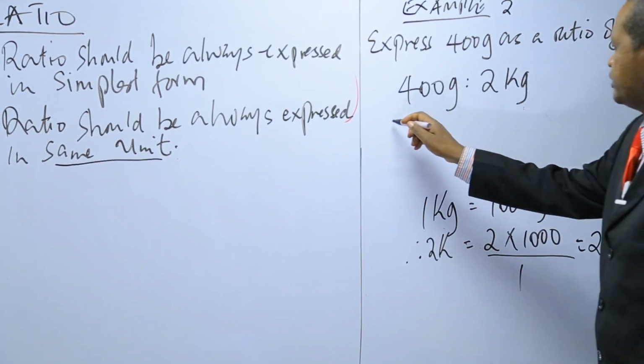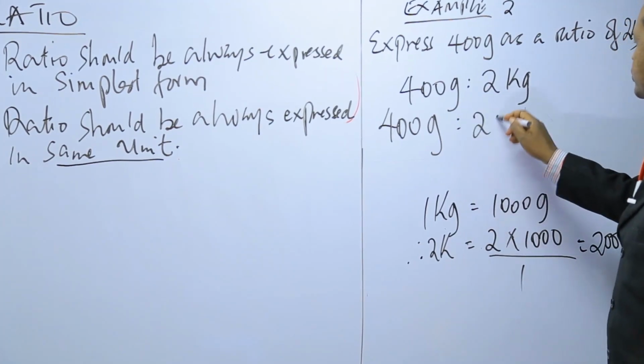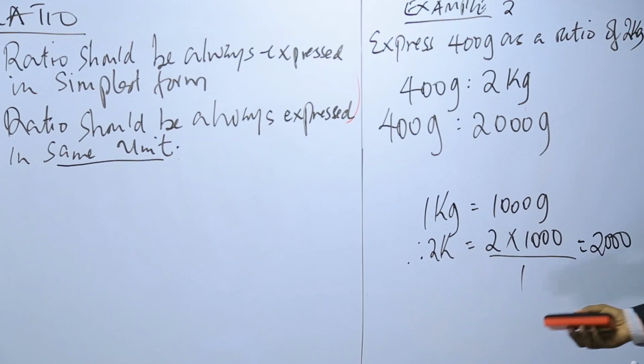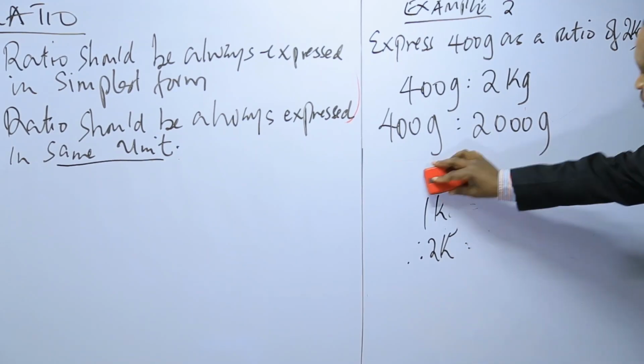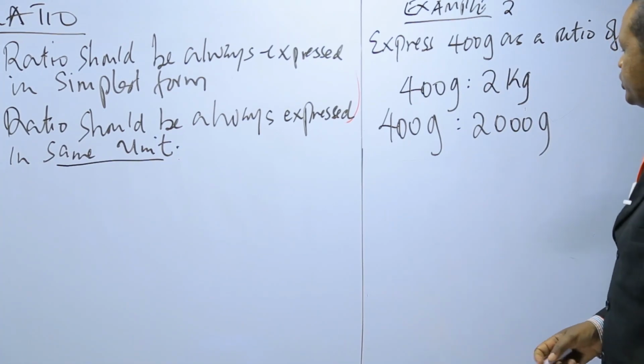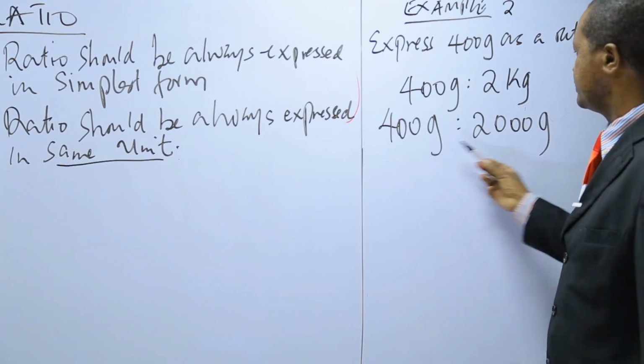So we have here 400 grams to 2,000 grams. We have made sure that the quantities, number 1, are of the same unit. Then we can simplify further.